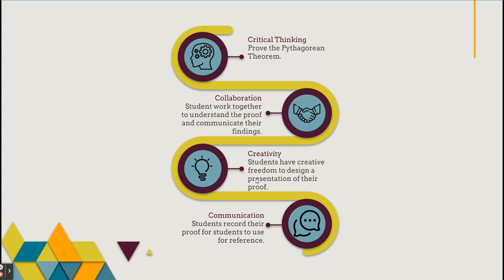That might be part of it because the proof for the Pythagorean theorem isn't hard, but it is definitely a challenge for some people. Or it could be communicating, right? They're collaborating together to be able to communicate their findings afterwards, working in a small group or whatever. Creativity is students have the creative freedom to design how they want to present, to show everybody else how their proof works.